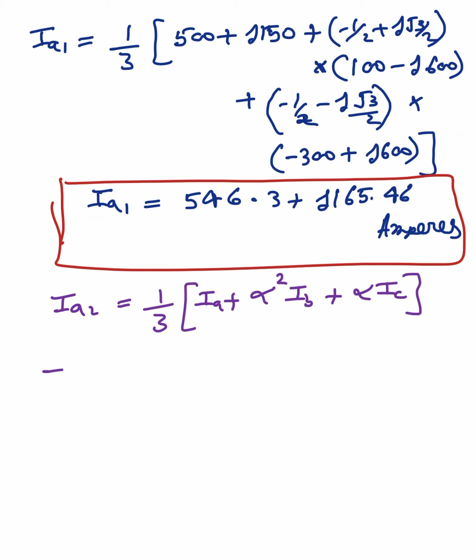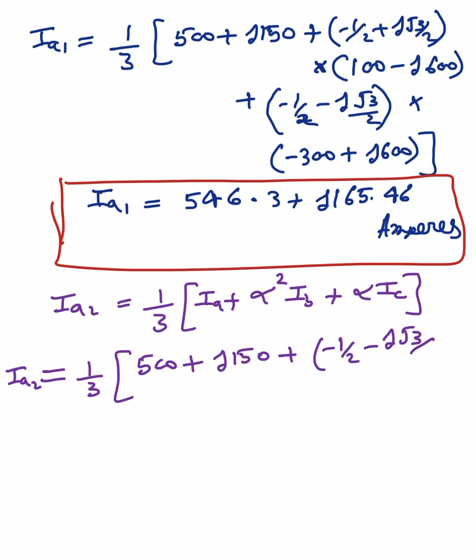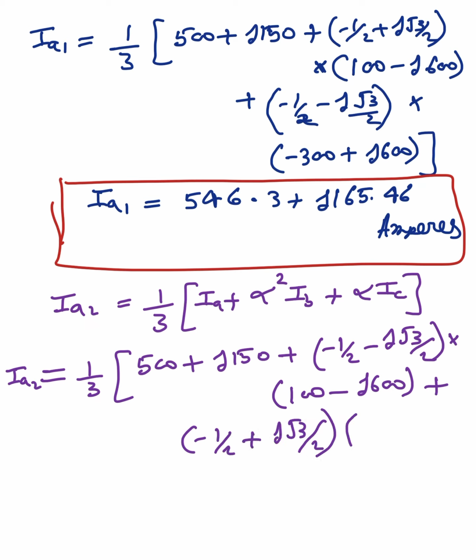Substituting all these values, IA2 is 1 upon 3 times 500 plus j 150, plus alpha square, minus half minus j root 3 by 2, into IB, 100 minus j 600, plus alpha, minus half plus j root 3 by 2, into IC, minus 300 plus j 600.